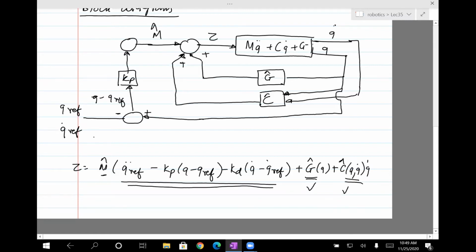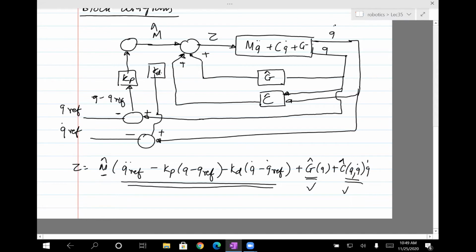Similarly for q dot ref, a circle, q dot comes to the circle, plus minus, this would go multiply with kd, make it cleaner this way.